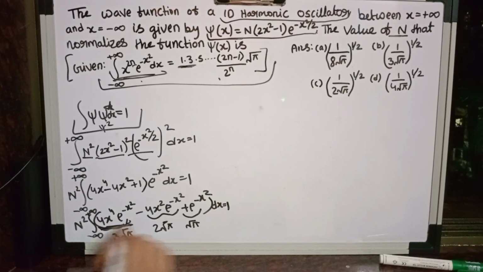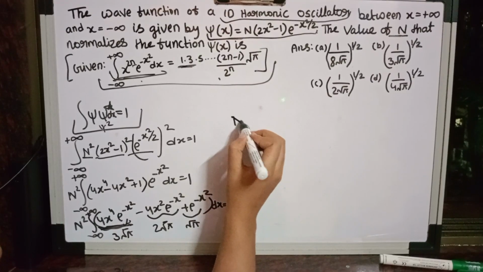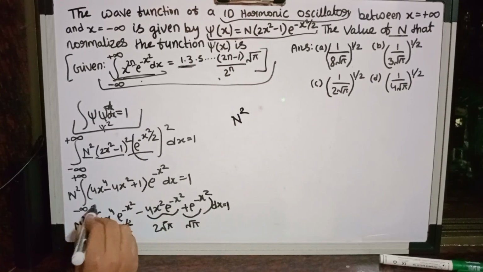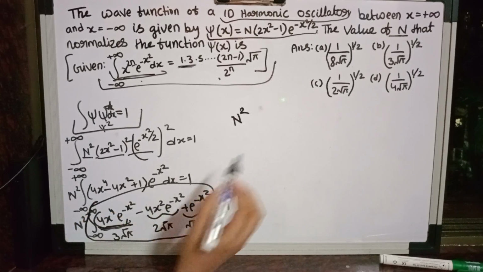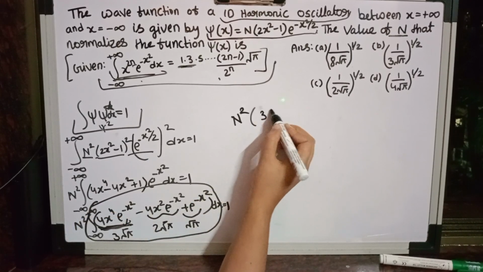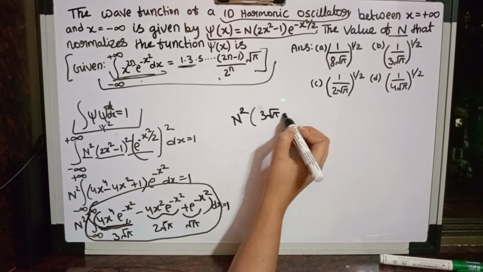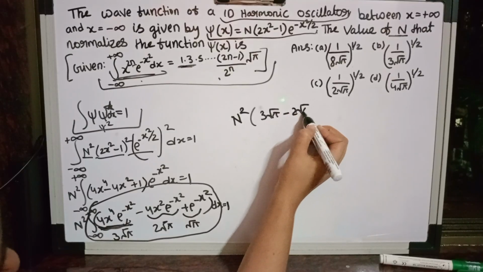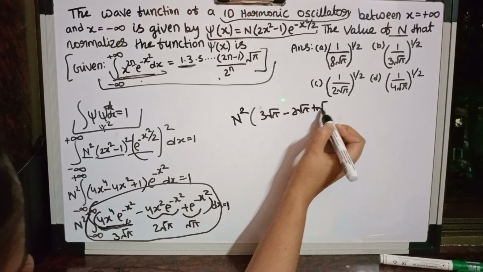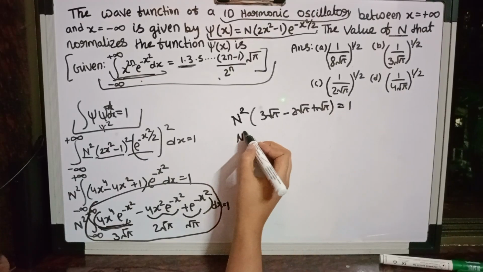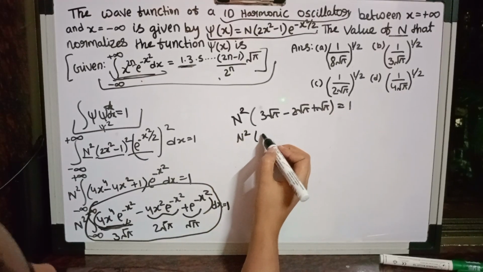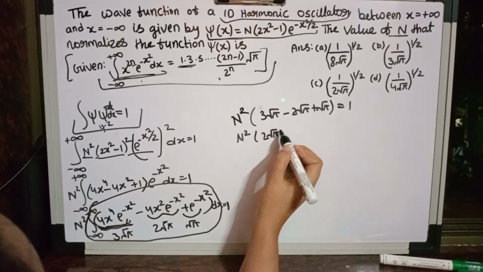So N square, an answer for this whole integration, is 3 root pi, 2 root pi and root pi. So we have 3 root pi, of course the sign, minus 2 root pi and plus root pi, equal to 1. So this can be written as N square into 2 root pi equal to 1.